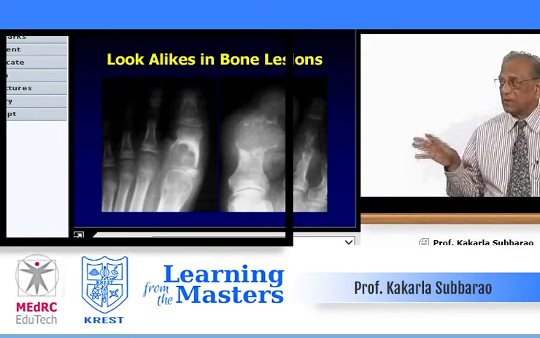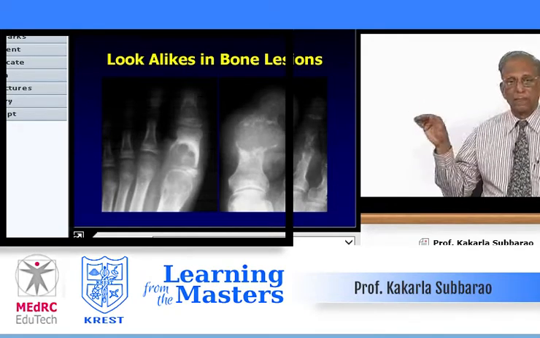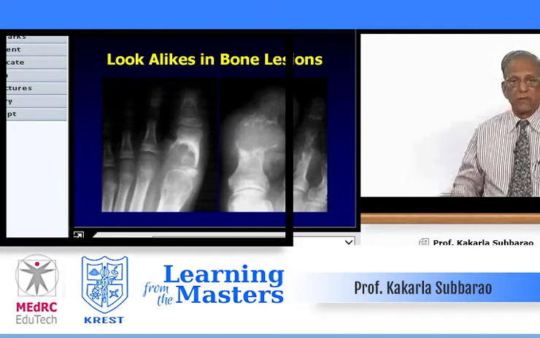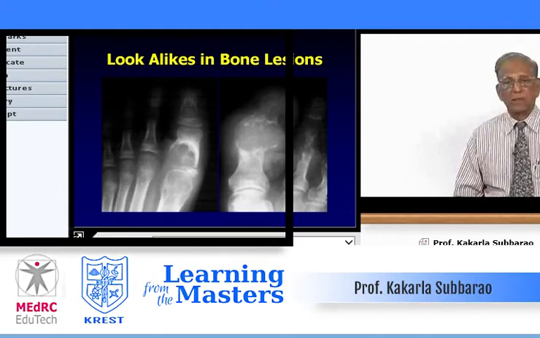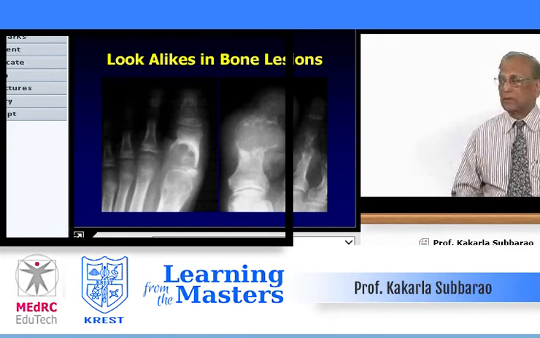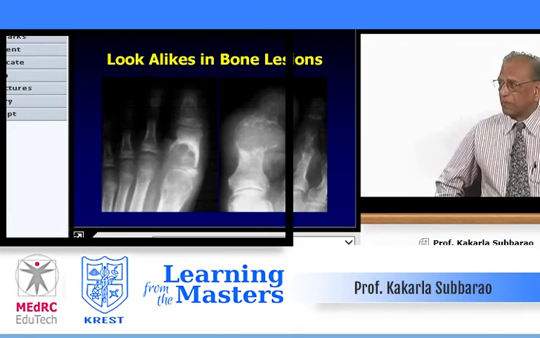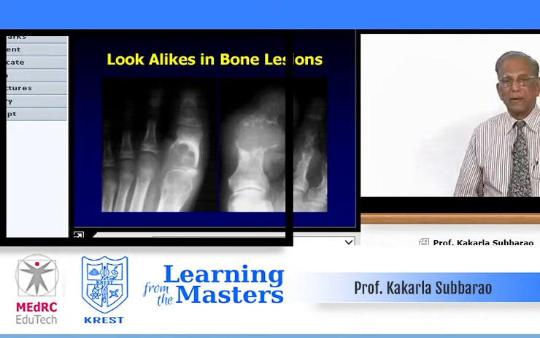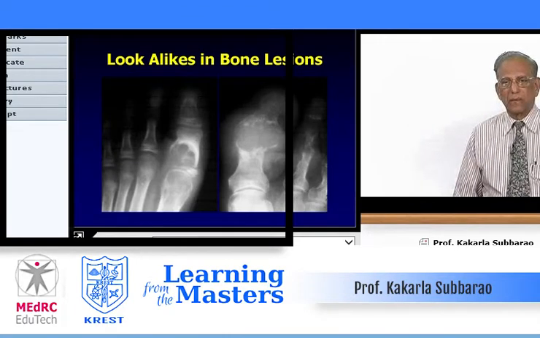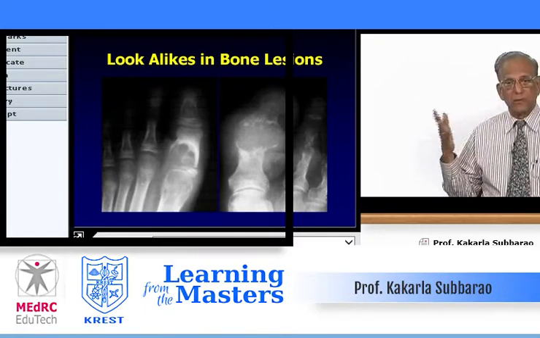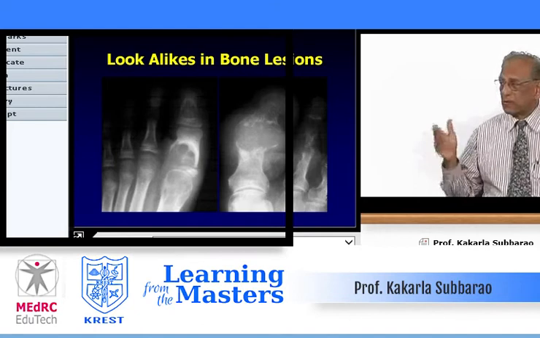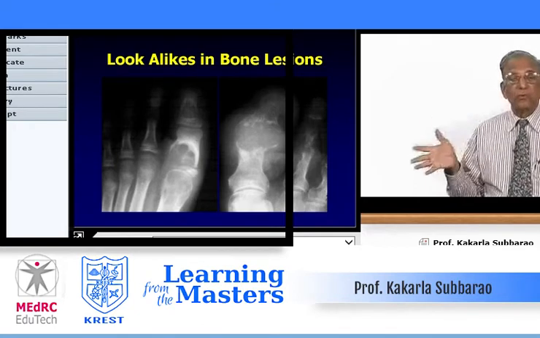An adult, and the interphalangeal joint is almost destroyed and is extending to the proximal margin of the distal phalanx. And some calcific densities are noted. And this is gout. Gout not only involves the joint, but also it may involve the bone itself. That's why it looks like a tumor. It is a pseudo tumor of gout.